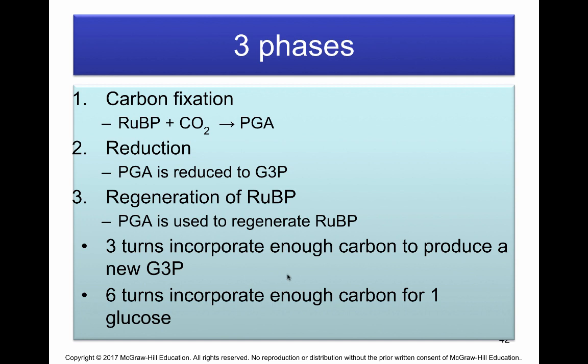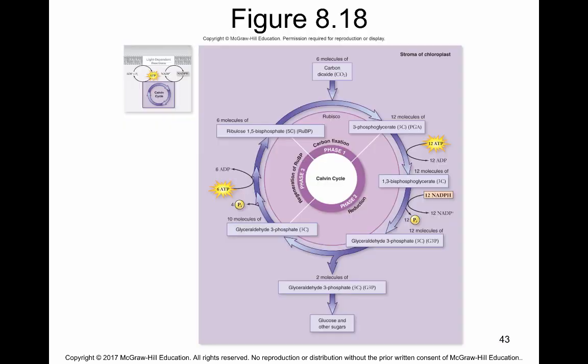As far as how many turns and how many carbons, if you're making a molecule whose formula is C6H12O6, then the cycle has to incorporate 6 carbon dioxides, and it incorporates 1 per turn. So 3 turns of the cycle bring in enough carbon to make a single G3P, and 6 turns produce enough fixed carbon to make a single glucose molecule.